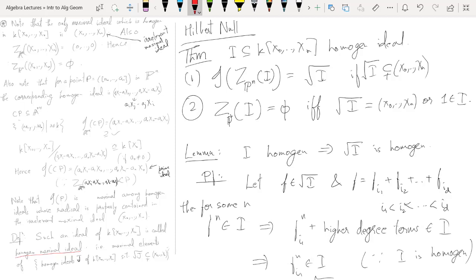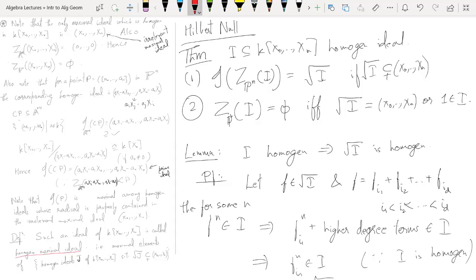If the radical of I is properly contained in (x0, ..., xn). Otherwise there is some problem, and the problem is captured in point 2. So Z_Pn(I) is empty in two circumstances. Either the radical of I is (x0, ..., xn). If so, then Z of the radical of I is going to be the origin, and hence in Pn it will lead to the empty set.